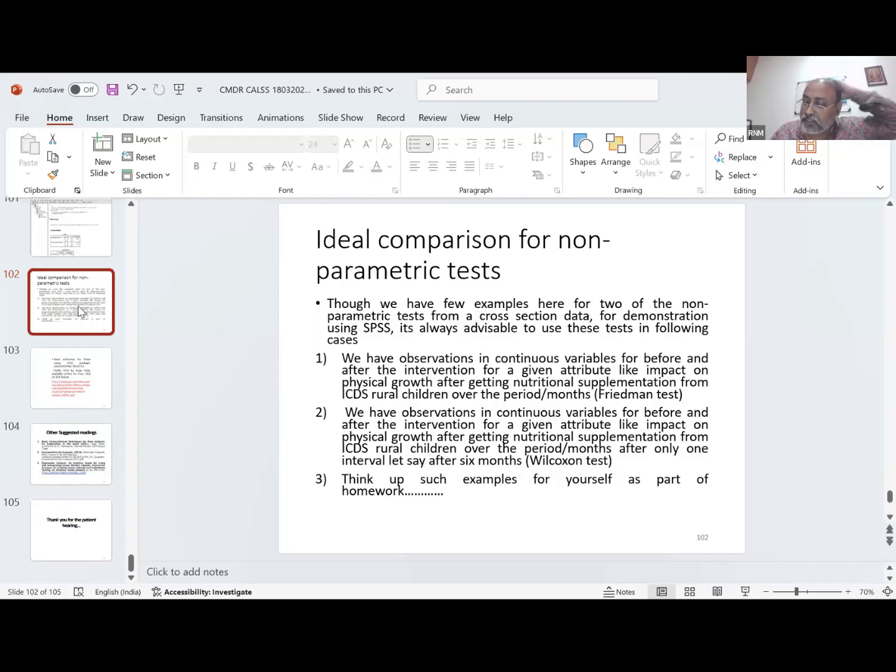Exit polls are based on political science principles but use statistics. Sociology also uses a lot of statistics nowadays. Why is statistics used? Because it gives a kind of empowerment to the researcher. Yes, I understood. Thank you, sir.